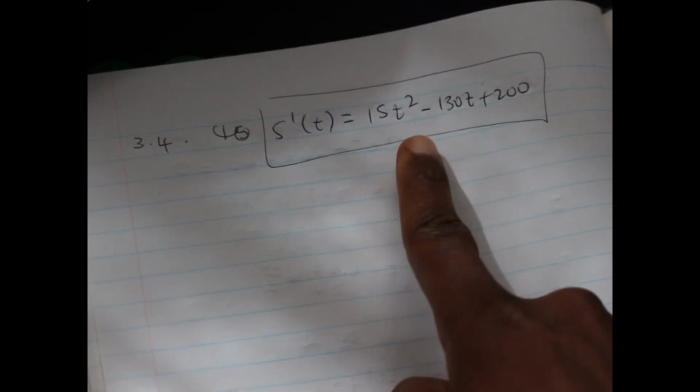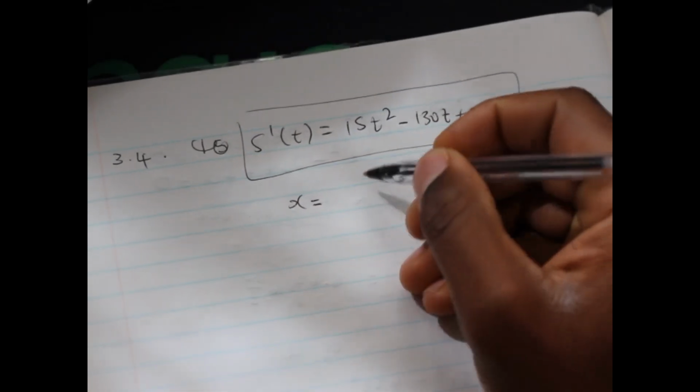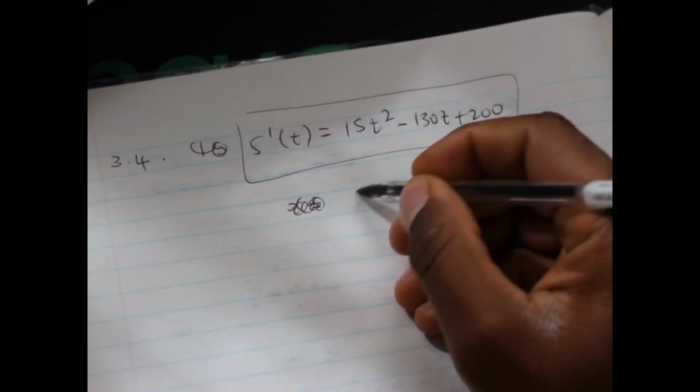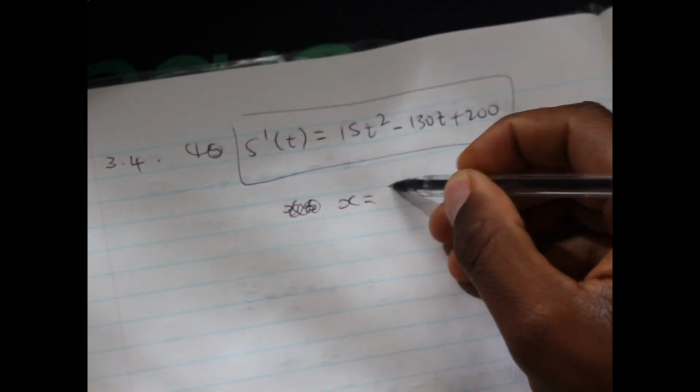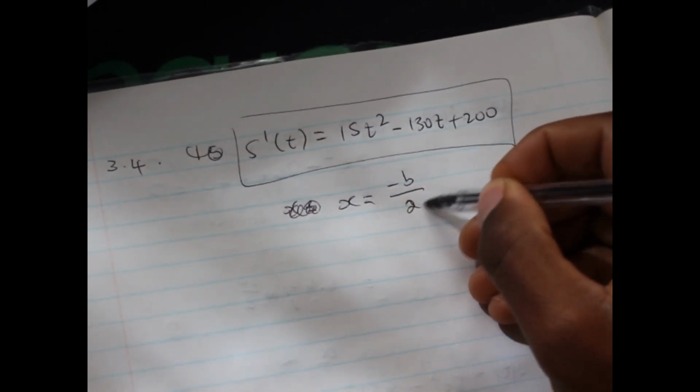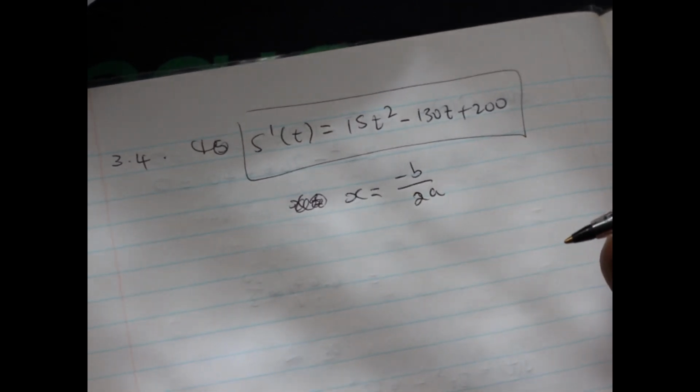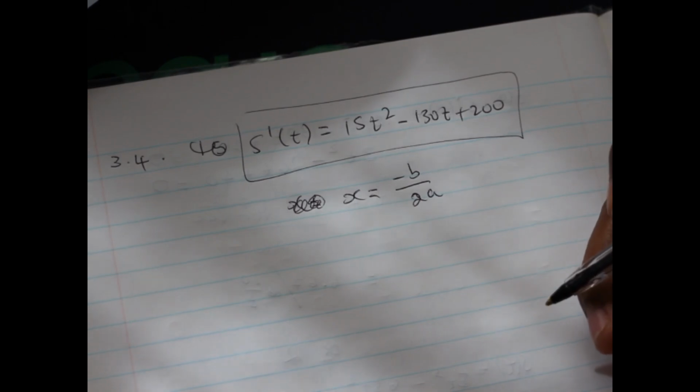So now to optimize this, you can either use x is equal to, remember the formula that we were using in grade 11, x is equal to minus b over 2a. When we were finding axis of symmetry, it's the very same formula.